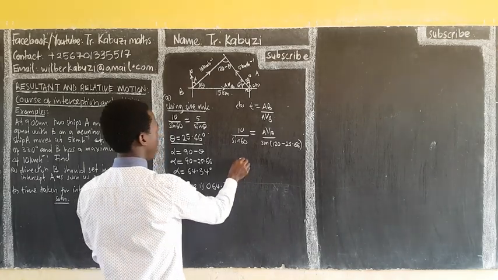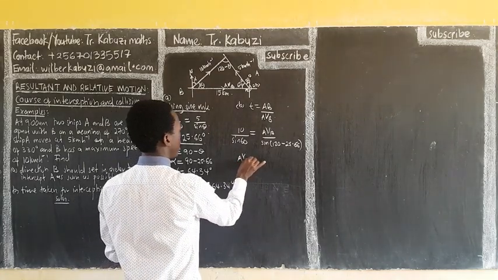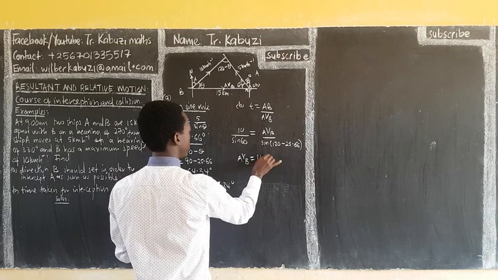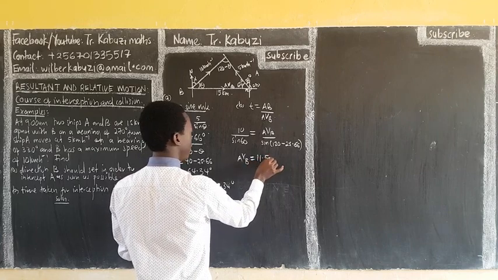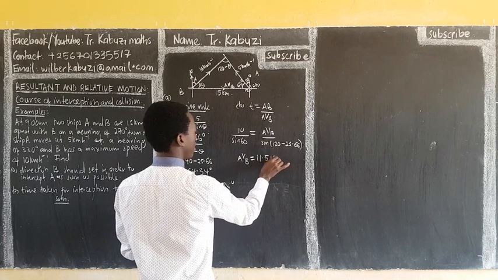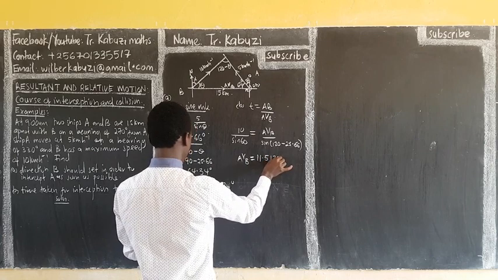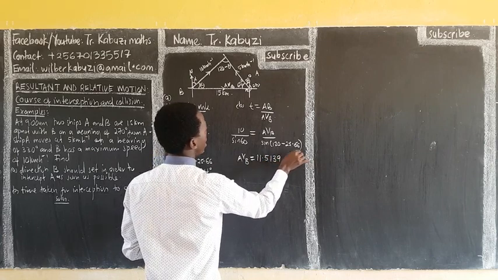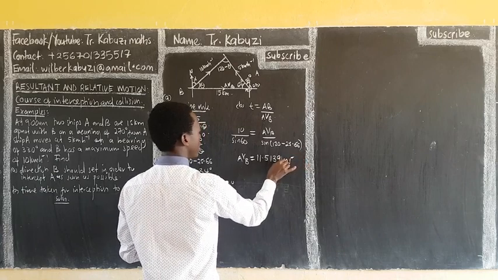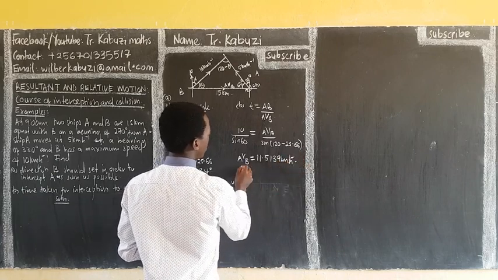My LV here, they are giving me 11.5139 meters per second. They are in kilometers per hour. So this is my LV.